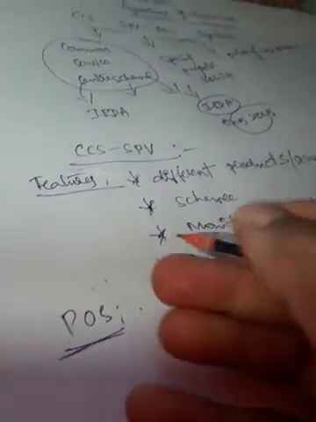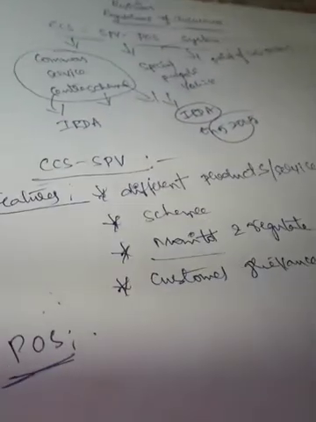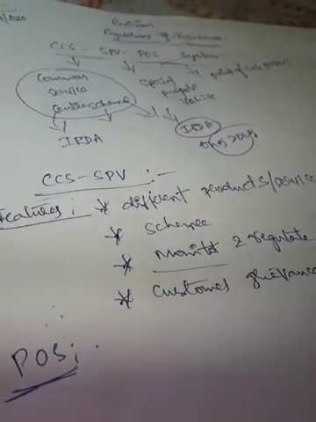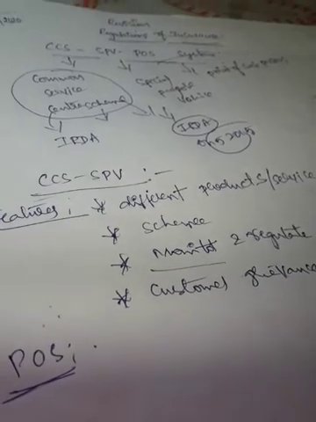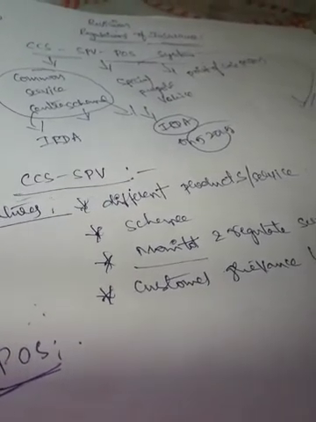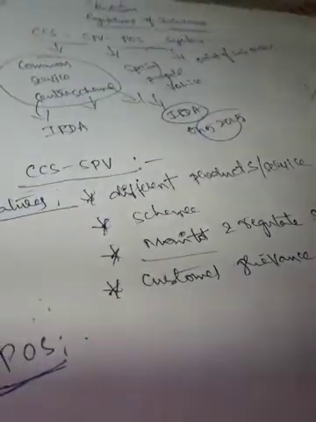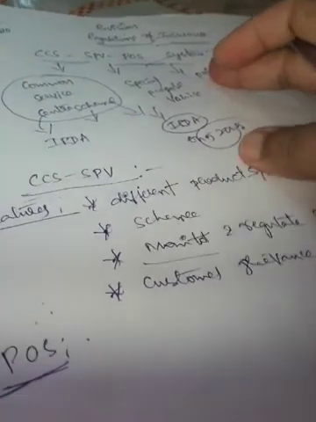Point of salesperson means, in order to facilitate the development of the insurance business in the country, the insurance authority has developed its agenda to attract more consumers or customers.